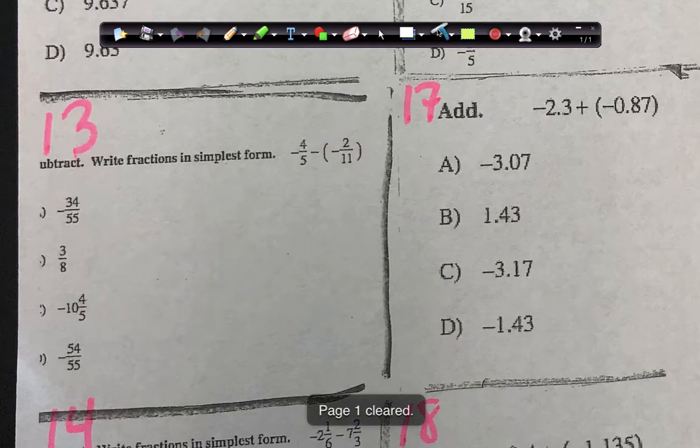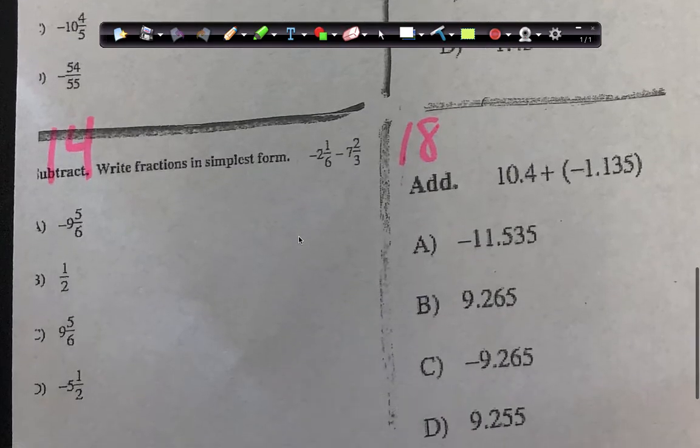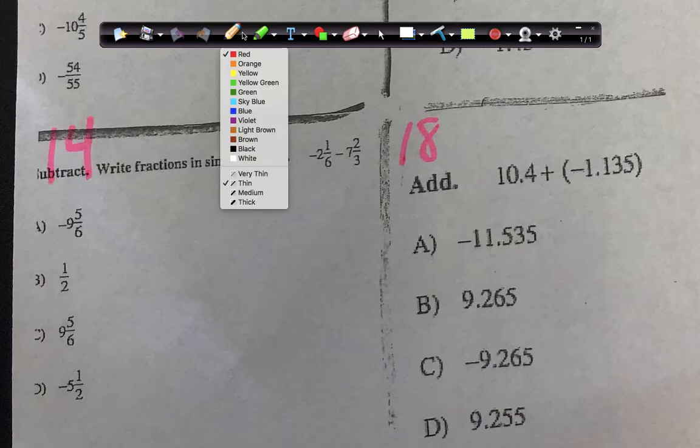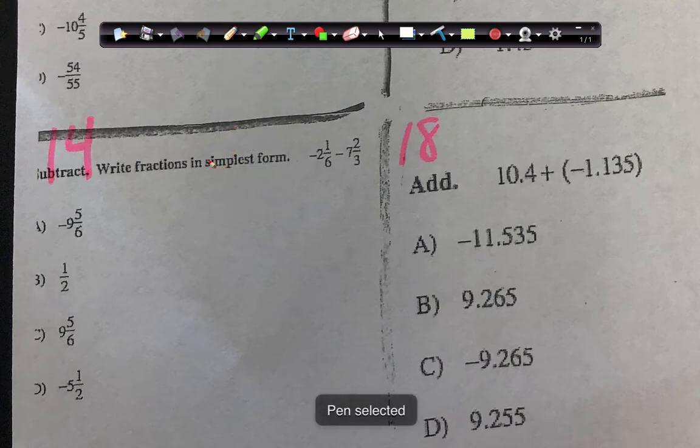Okay, problem number 14. We're going to change these to improper fractions. So -2 1/6 becomes -13/6.